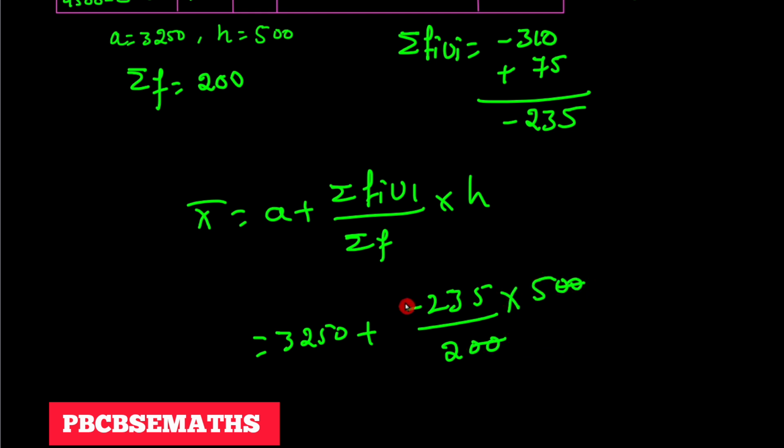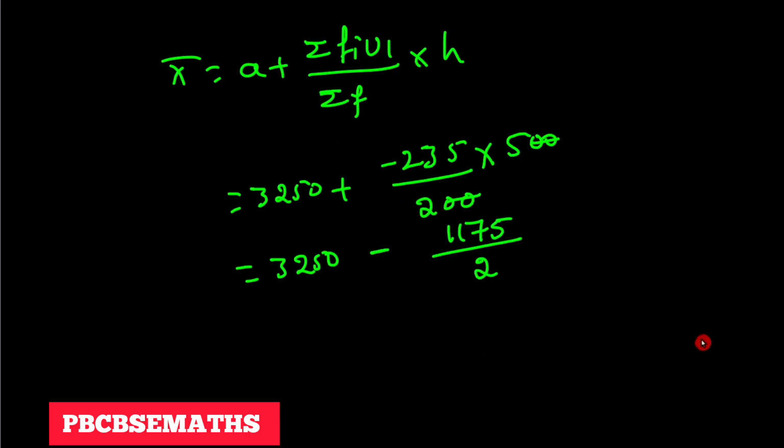Two zeros cancel. Then we will write 3250 plus, into minus, you are going to have minus 5 fives are 25, 2 carry, 5 threes are 15, 15 plus 2 is 17, 1 carry, 5 twos are 10 plus 1 is 11, 1175 divided by 2.